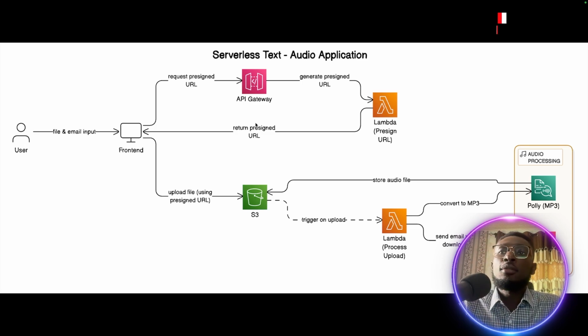And basically what the Lambda will do is, using Amazon Polly, convert it from text into an MP3 file. And once everything is done, it will send it through an email, and you're going to use Amazon SES for that. So I'll quickly start with the implementation.